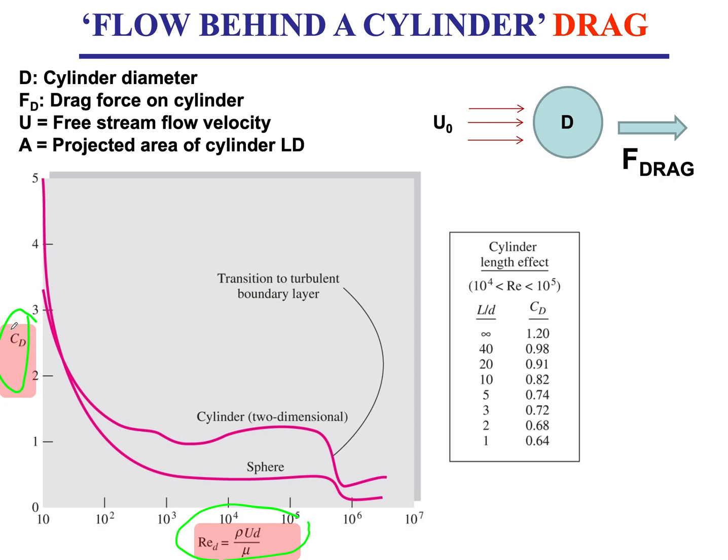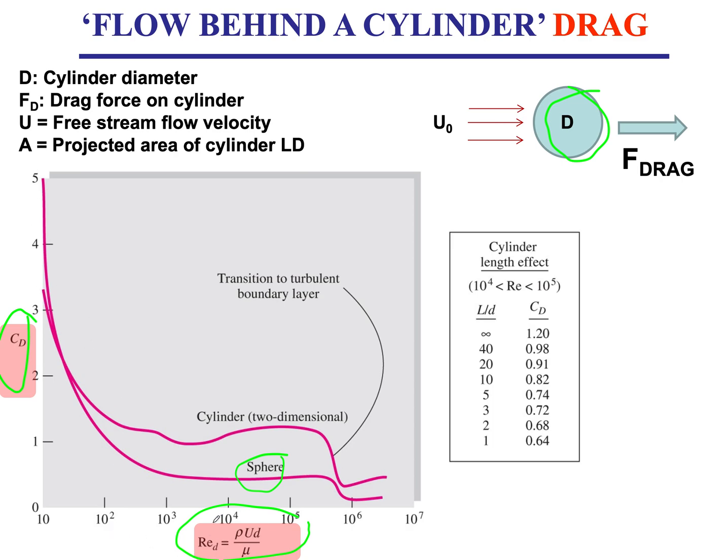The drag coefficient is defined as the non-dimensional drag force, while the Reynolds number is as we have defined it before. And we have two plots here. One is the drag force on a cylinder, and the other is for a sphere, such as a football. And you'll see the trends are very similar for the two.